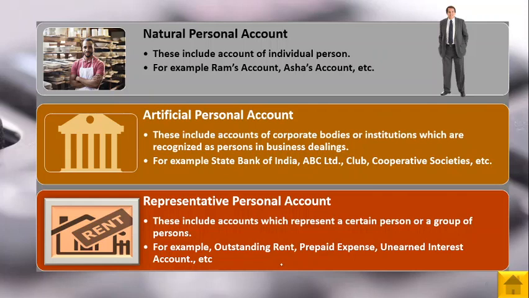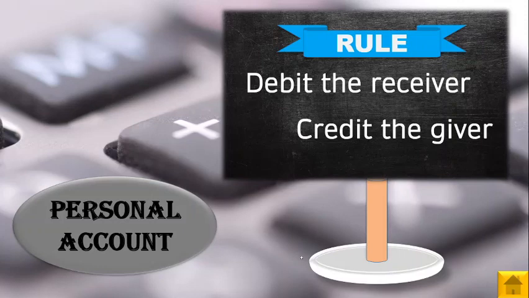Now we'll understand the rule of personal account. As I said, the rule is for all of these. This comes under personal account only. So we'll understand what the rule says. The personal account rule says: debit the receiver and credit the giver. As I said, we are now talking about a person.